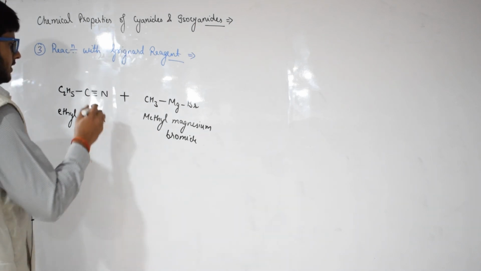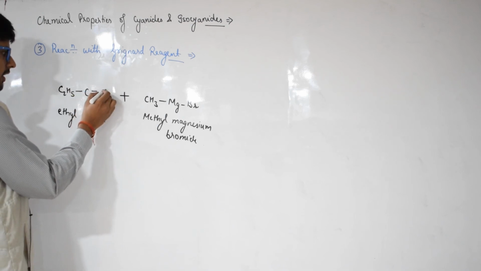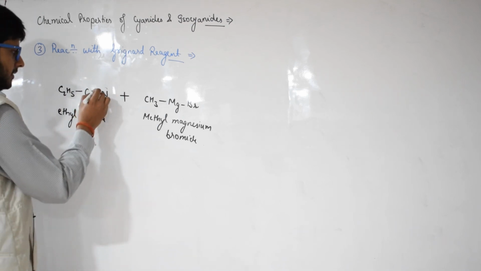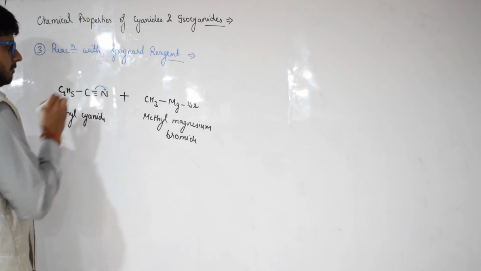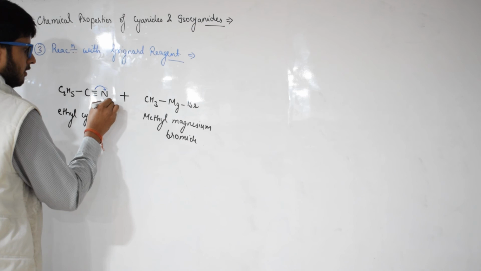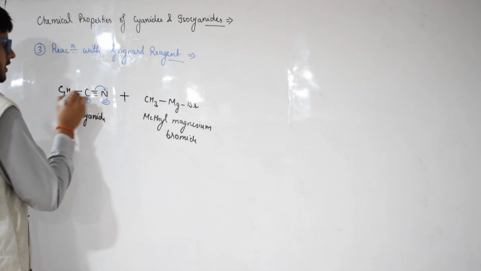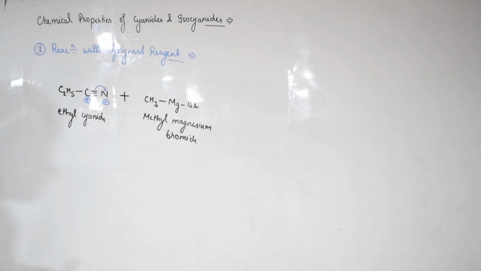We know that of nitrogen and carbon, nitrogen is more electronegative. That means it will attract the shared pair of pi electrons toward itself. As a result, it will have a negative charge, and this carbon will have a deficiency of electrons, that is, formation of carbocation will take place.